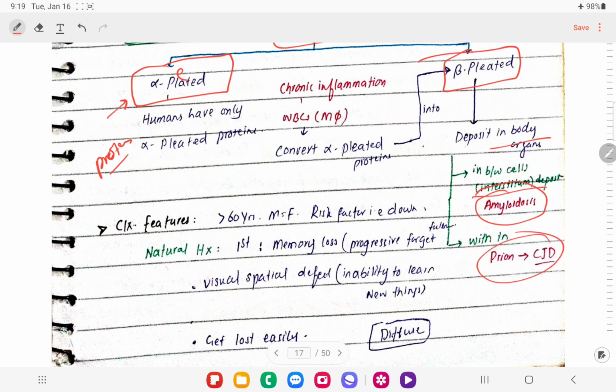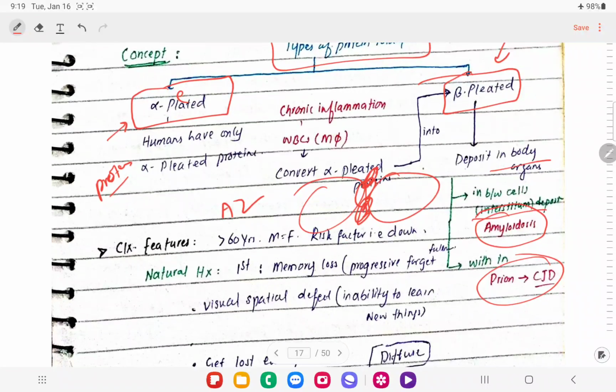And if it deposits between the neurons, this is going to interfere with the activity of the neurons, so this is going to cause Alzheimer disease. And how we can get this beta pleated protein is from chronic inflammation, right?